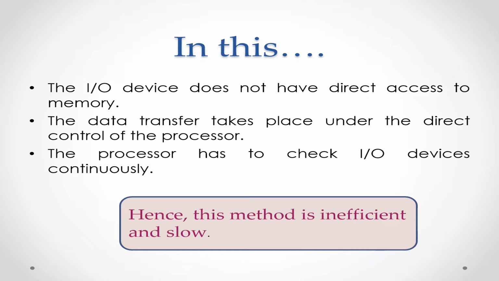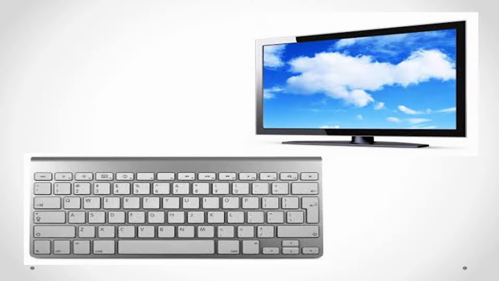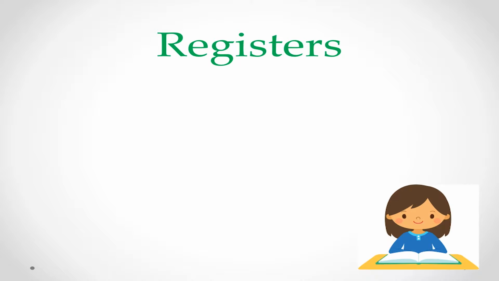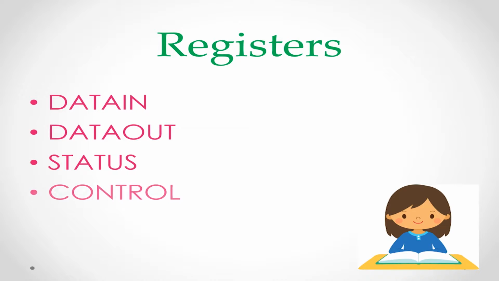Let's take an example of input-output operations which involves a keyboard and a display device in the computer system. There are 4 registers available which are used during the data transfer operations. These registers are as follows: data in, data out, status, control.